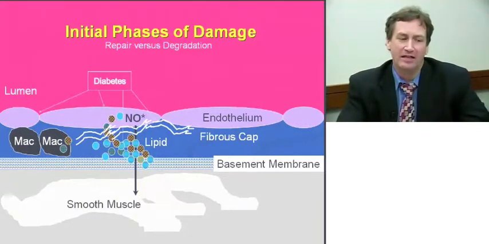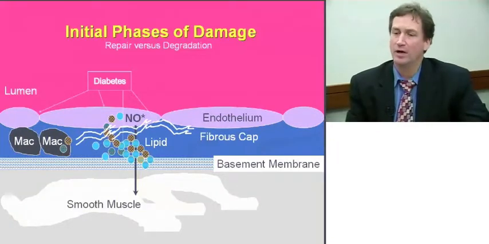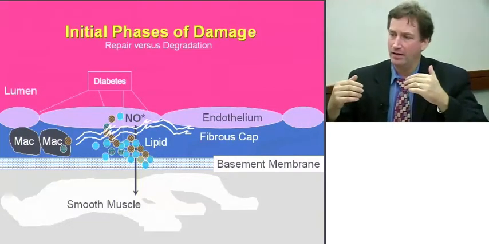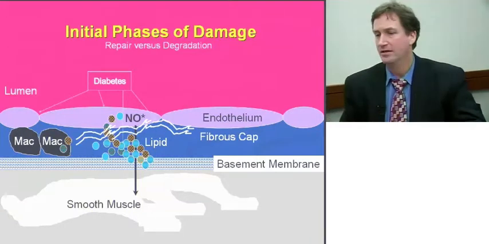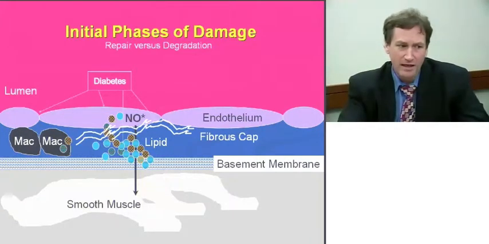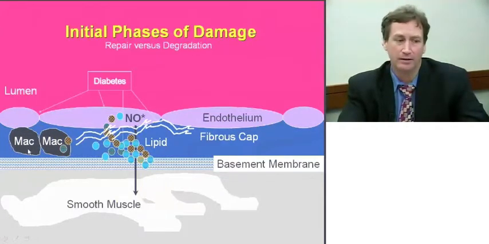The diabetes affects the ability of that lining cell to prevent the infiltration of lipid and other substances yet to be completely discovered that then lead to plaque formation, okay? And as you can see here, what that then elicits as the lipids come in is an inflammatory response from macrophages, okay?